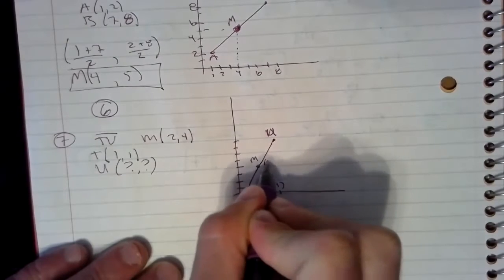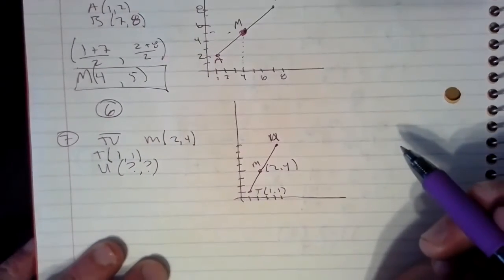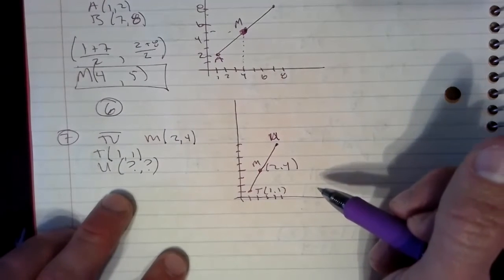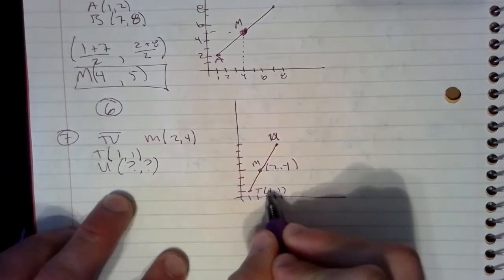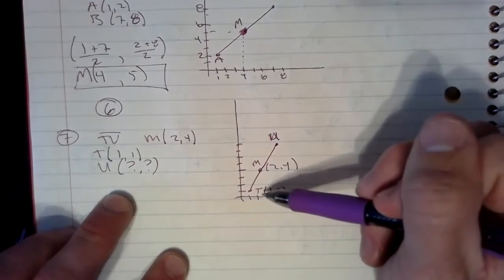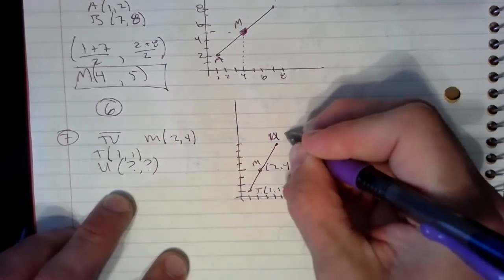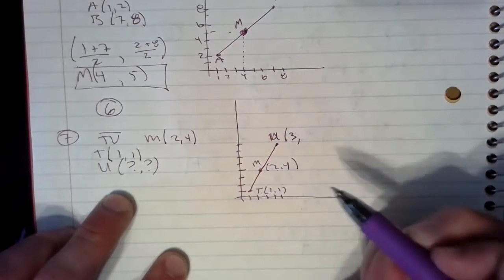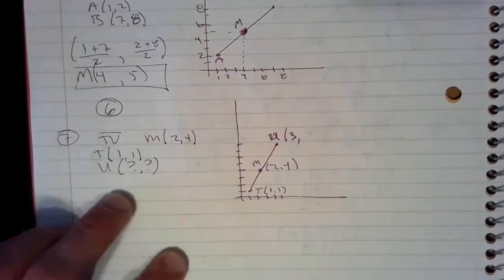We know that M is in the middle of TU. So we could do the formula, and I'll show you in a second. But we could also figure out, all right, let's look at the x's for T and M. To get from 1 to 2, I had to go up 1. So I'm going to have to go up another 1 to get to 3. So 2 minus 1 is 1. So that means 2 plus 1 is 3. Okay.